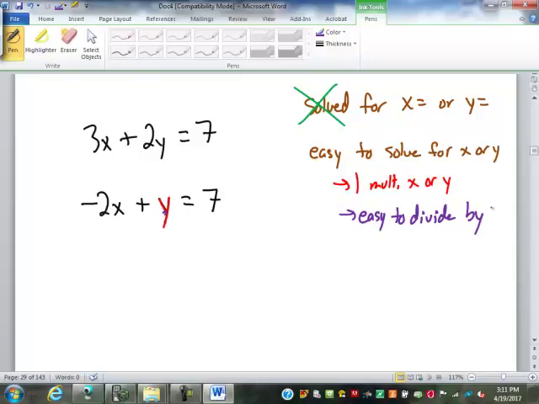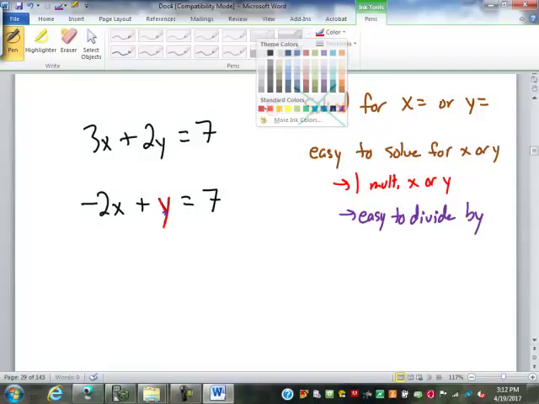By easy to divide by, we would look at numbers that are going to give us easy fractions or easy decimals. Like dividing by 2 is going to give us 0.5. Dividing by 4 would give us 0.25. 5 would give us 0.2. We would not want to divide by 3 because 3, in many cases, is going to give us a repeating decimal. The same with 6 and 7. So there's only certain numbers we want to divide by if we can avoid the other ones.